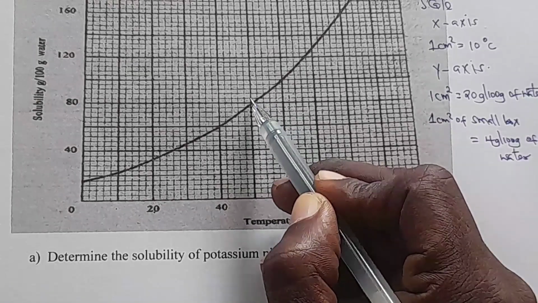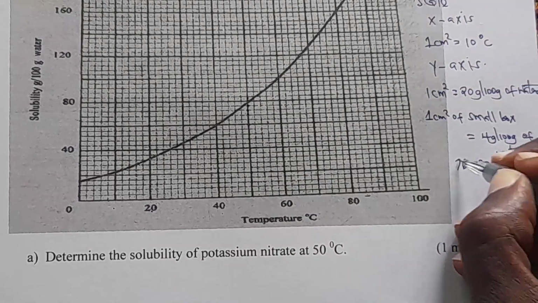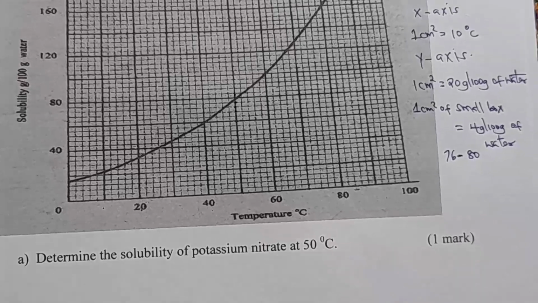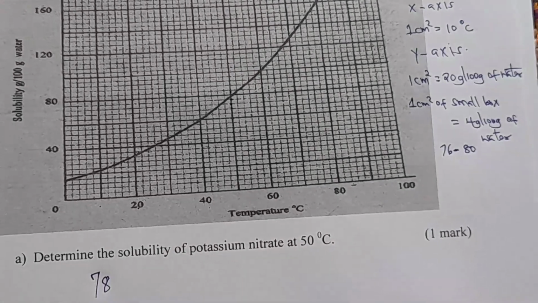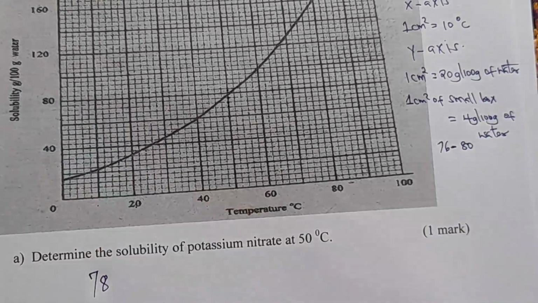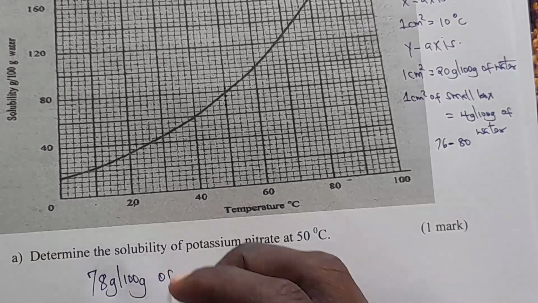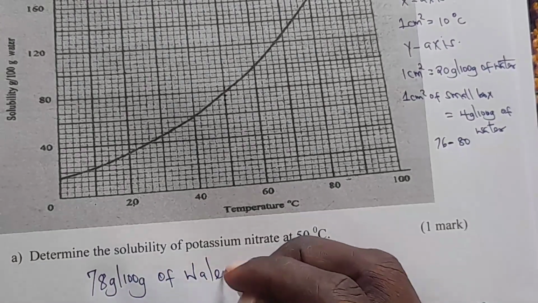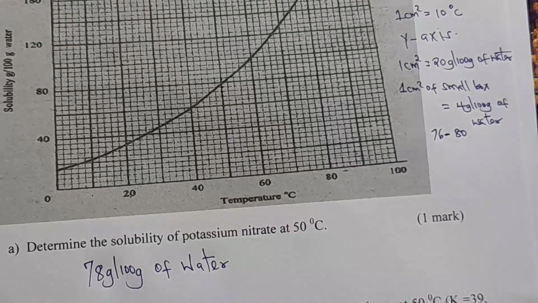So it's in between 76 and 80, and in between we have 78. What is the unit for that solubility? We have it here: grams per 100 grams of water. So we have 78 grams per 100 grams of water. That will be the solubility of potassium nitrate at 50 degrees Celsius.